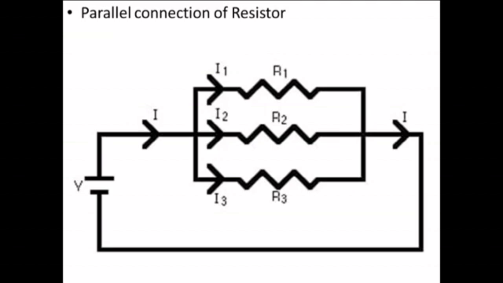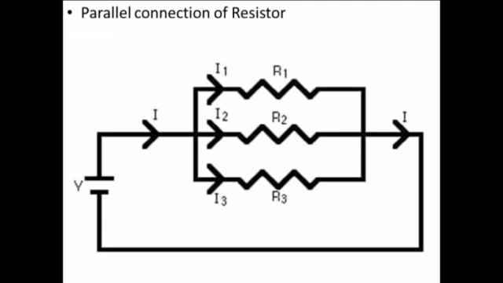Now, if one such resistance R, instead of three resistors R1, R2, R3, is connected across the battery, then the current flowing through the circuit will be the same as I. So I equals V by R. So we get V upon R equals V upon R1 plus V upon R2 plus V upon R3.